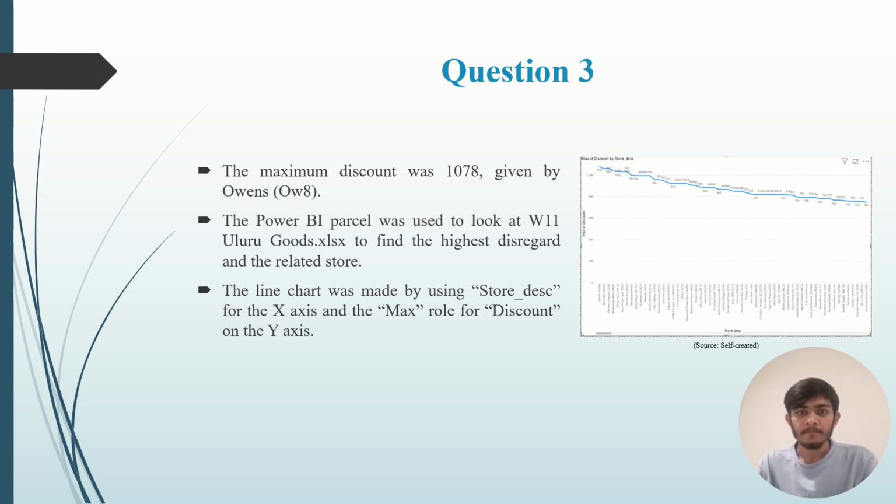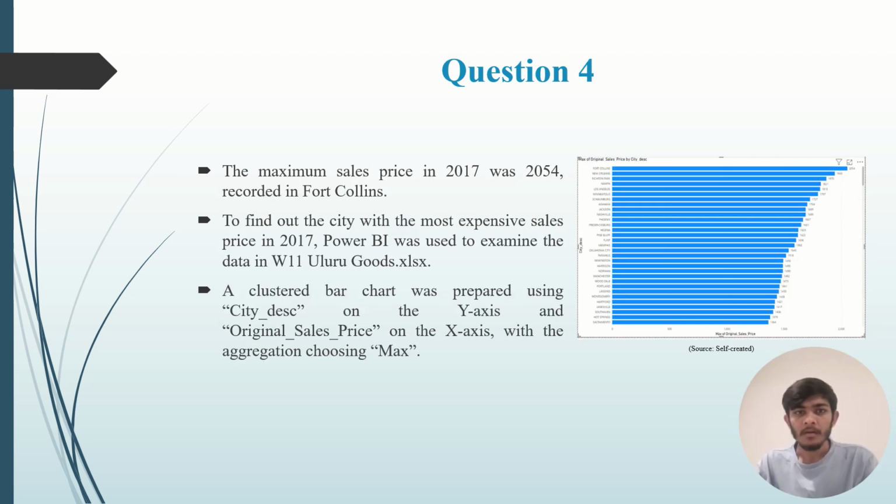Now question 4, to find out the city with the most expensive sales price in 2017. Power BI was used to examine the data in W11 Uluru goods.